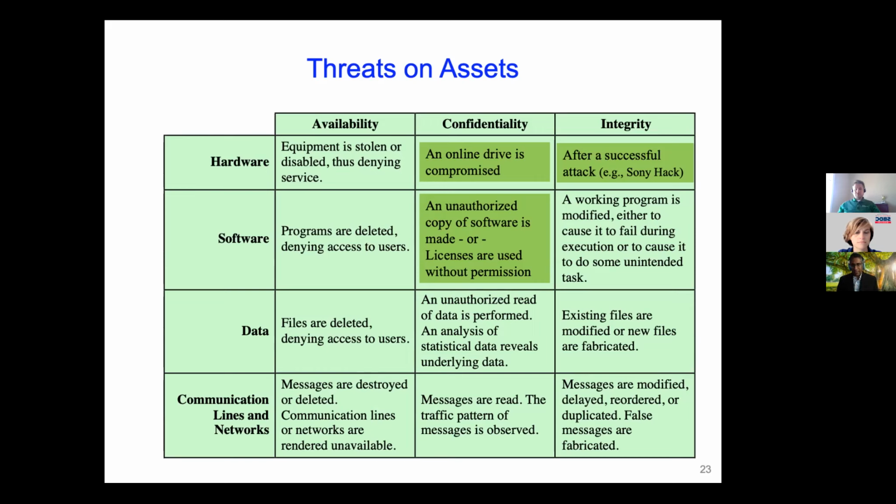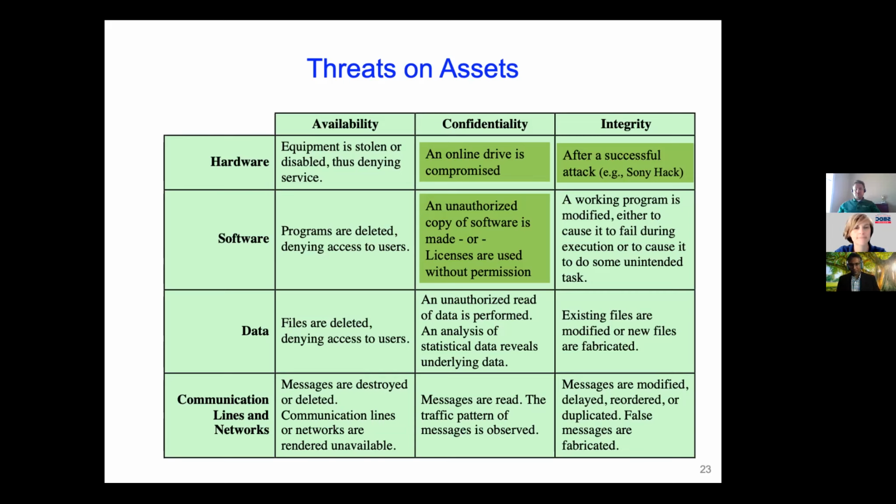And here there are other attacks for software where programs are deleted, or there's unauthorized copying of software, or a working software is modified so that they can plant malware, right? So we have seen this in the SolarWinds attack we talked about last time, which is in the news a lot. The US government is really scrambling to clean up the mess of that attack, right?